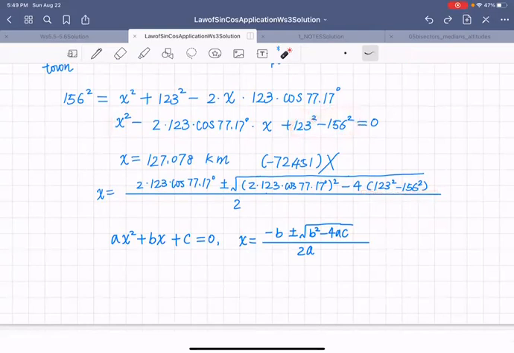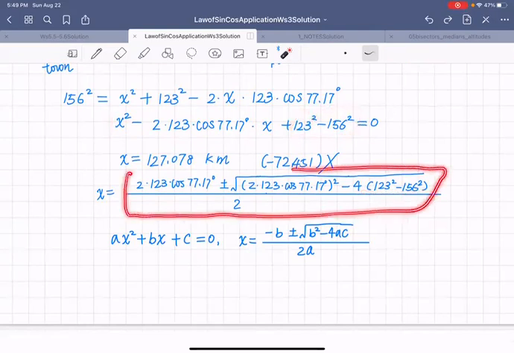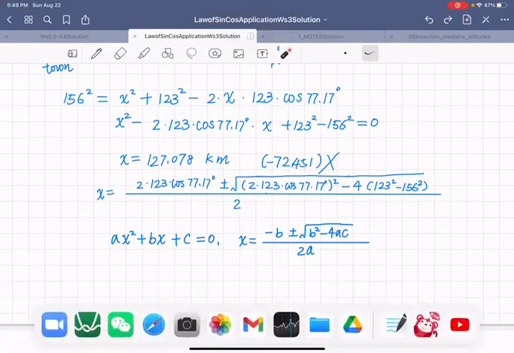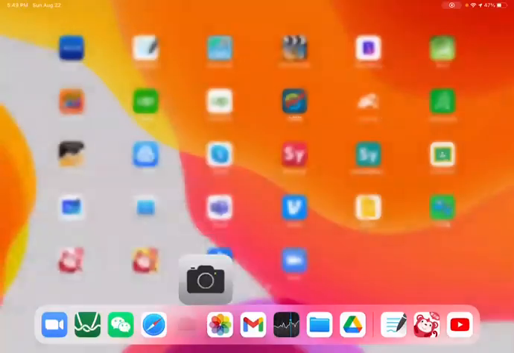If you type in all this big package, you should end up with this answer. I would like to teach you how to do this very fast using a calculator.